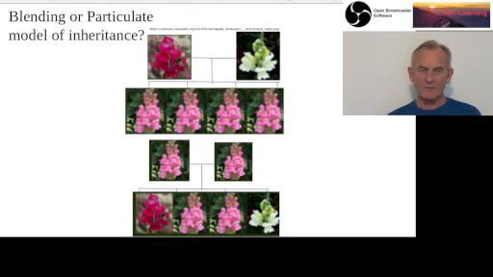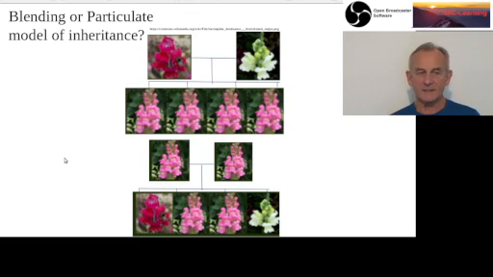The students who would have been saying there's great evidence for blending are now confronted with something that doesn't quite fit in with that pattern of inheritance. Again, answering that question, how do things happen? Which model is the best model to explain how these things happen?